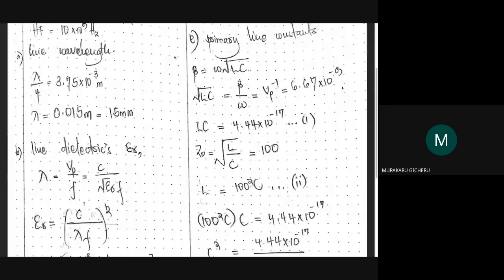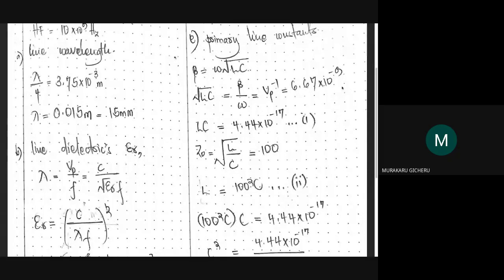Part E, the primary constants. In the question, we're told that the line is lossless, which means that the attenuation is 0.